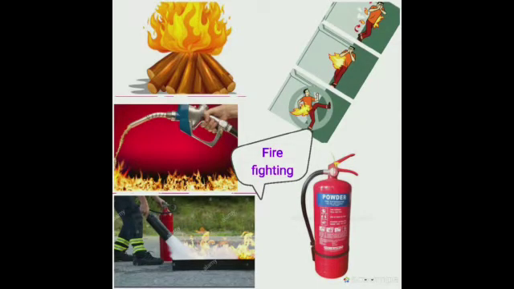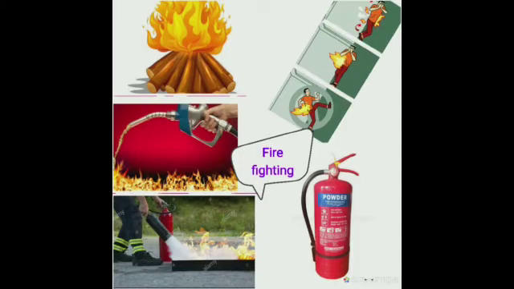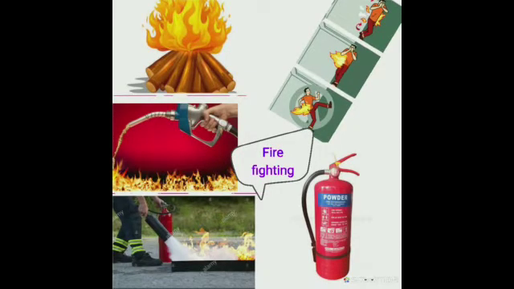When a fire is caught by wood and paper, how can we put it out? We should just throw water, and it is easily put out. In case of a fire caused by petrol, it is extinguished by throwing sand.